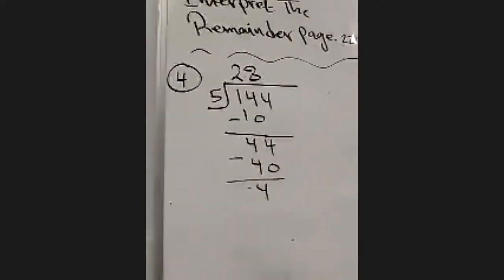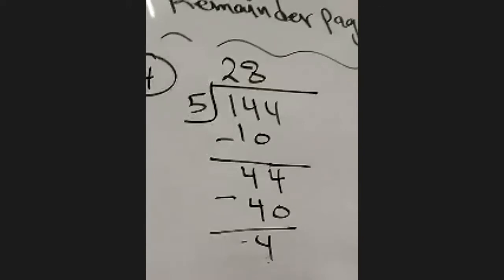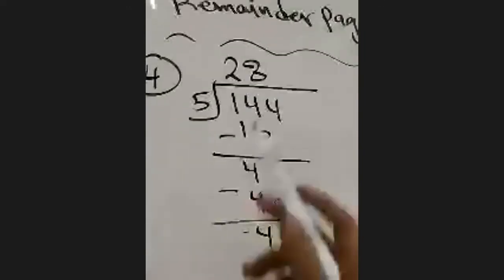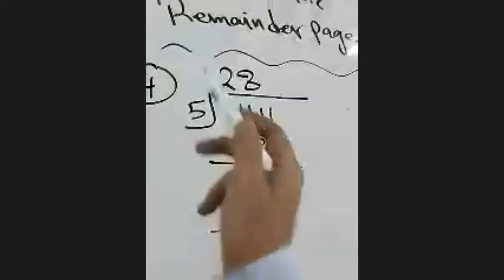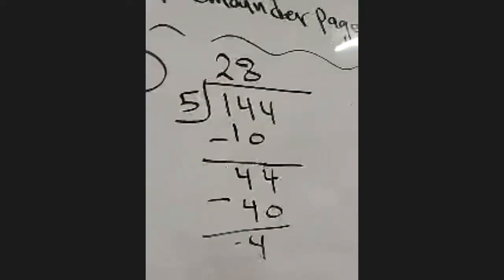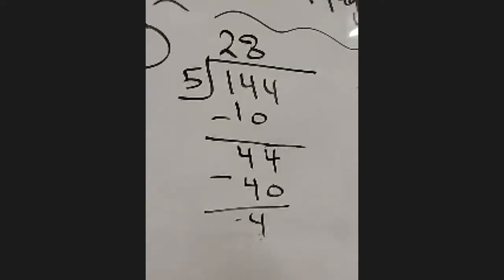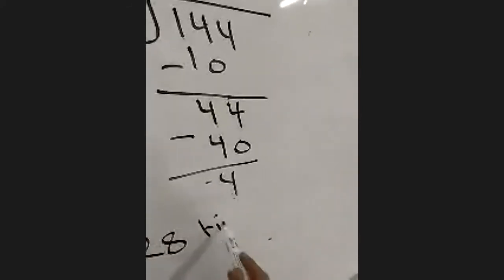So how many tins of 5 do we need? She can make 28. How many muffins are left over? 4. So what will we write in the answer? 28 tins with 4 muffins left over.